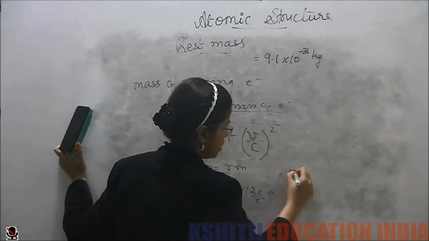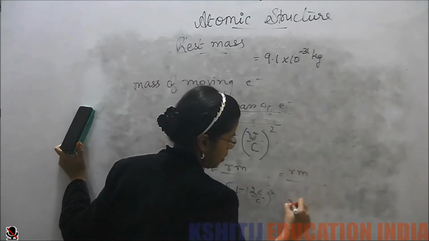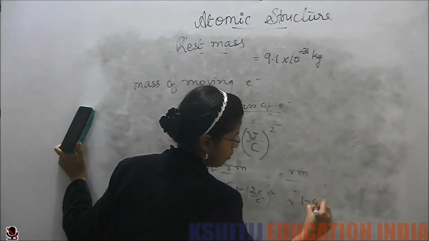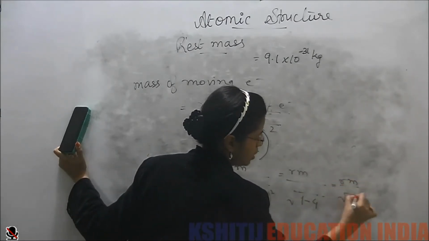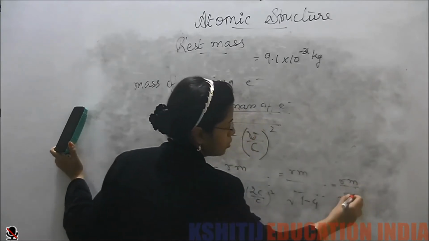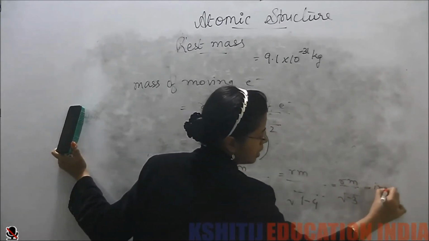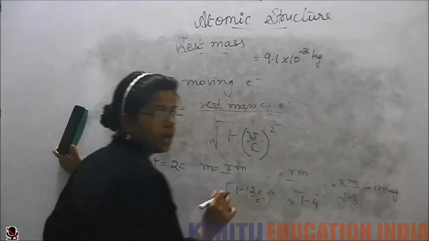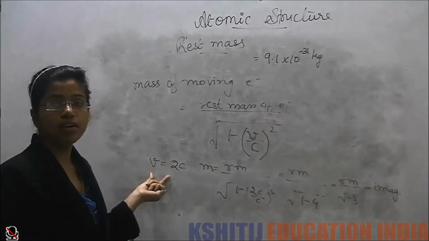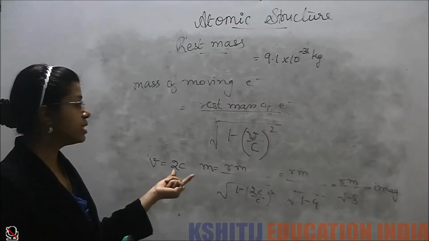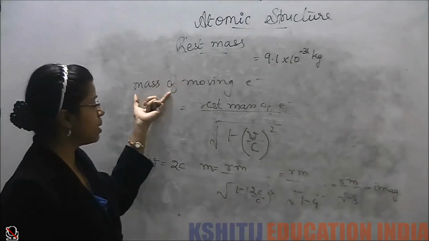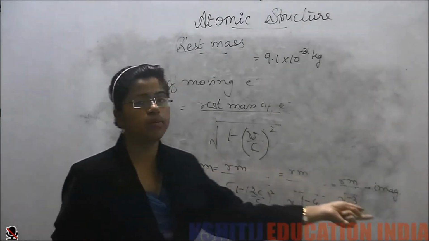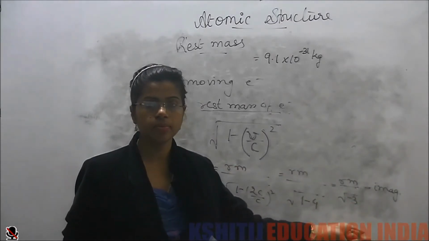That would come as rest mass upon under root 1 minus 4. That means rest mass upon under root minus 3. So this term will become imaginary, right? So if the velocity of the electron becomes greater than the velocity of light, the mass of the moving electron will become imaginary, okay?